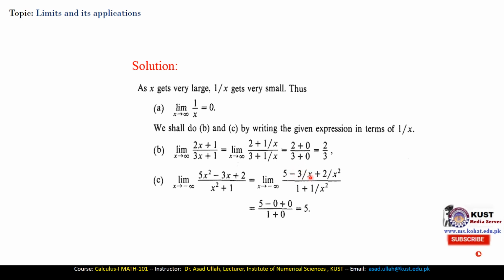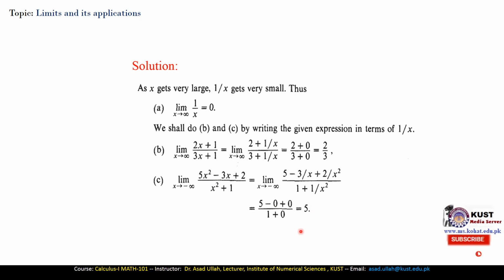And similarly, this 2 by x square is also equal to 0. And in the same fashion, the limit of 1 over x square as x tends to minus infinity is also equal to 0. So we will get 5 divided by 1, which is equal to 5. So the limit of this function as x tends to minus infinity is equal to 5.